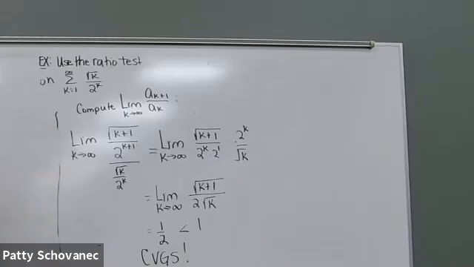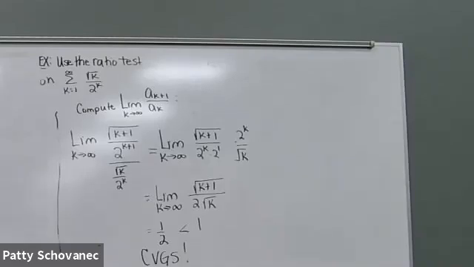So the next one we're going to test is 2 to the k divided by k factorial.